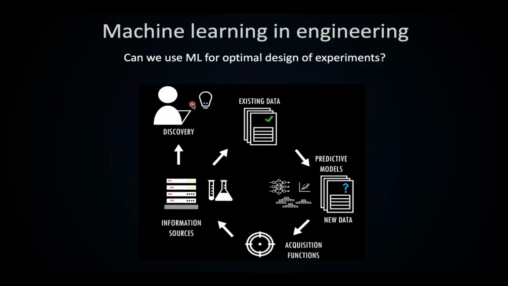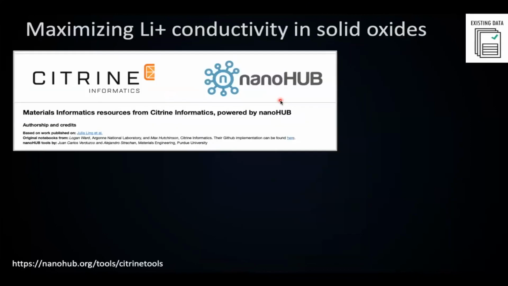This is called active learning because you're not exploring randomly or blindly exploring space. You're honing in on the materials that are most likely to result in the property that you're interested in. Let me give you an example and we'll jump into nanoHUB.